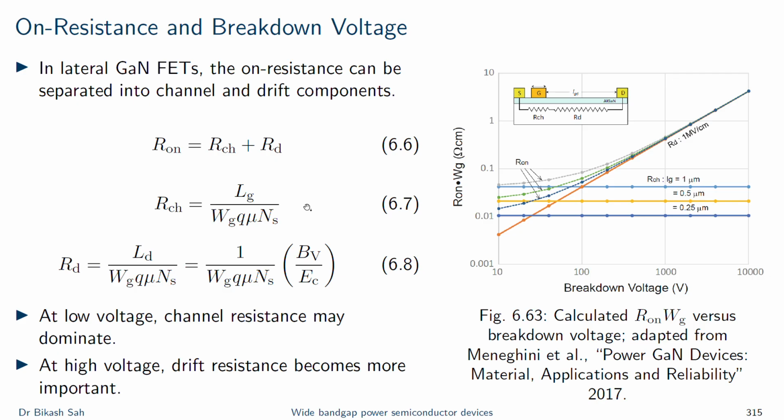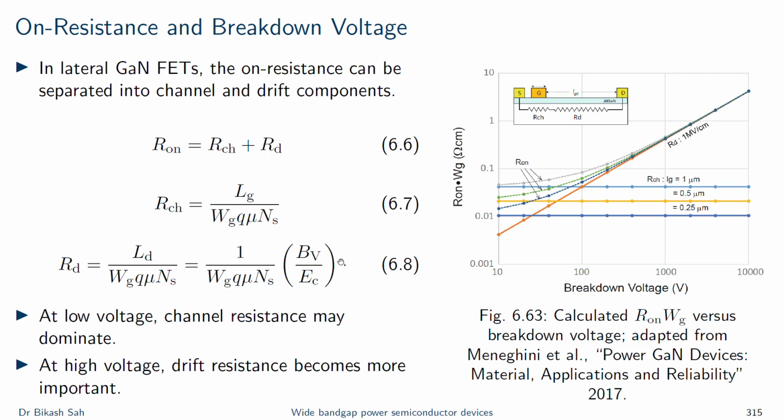This is what you see in the equation, which states that the channel term depends on the gate length, gate width, and carrier mobility. That's how the equations come into place. And the drift term depends on the drift length, which is related to the breakdown voltage through BV divided by E_C. So this equation.